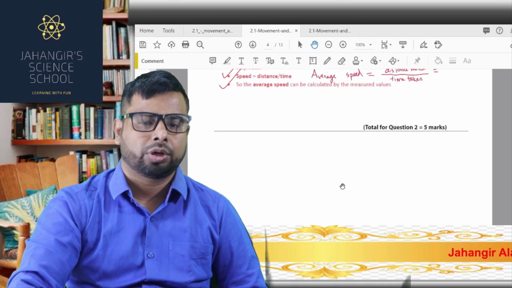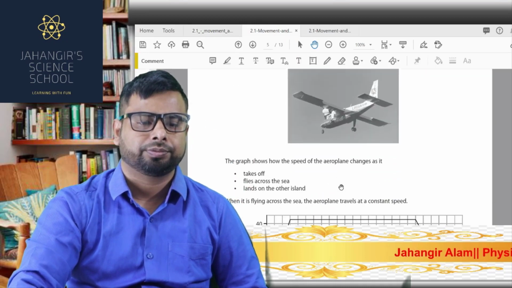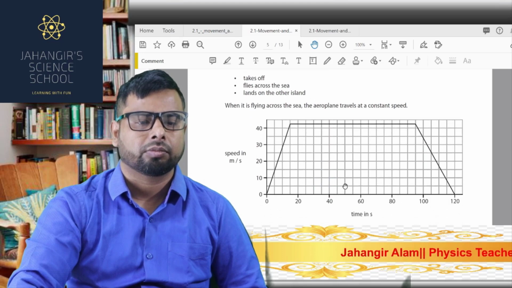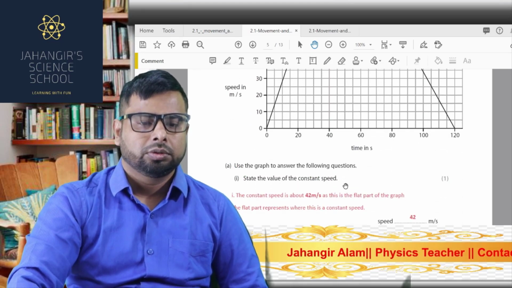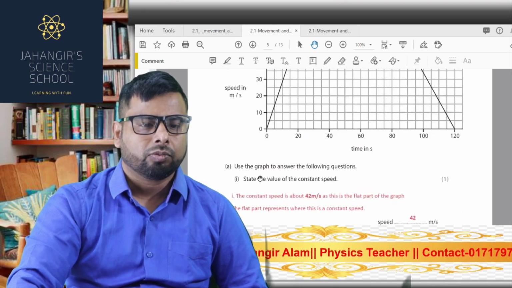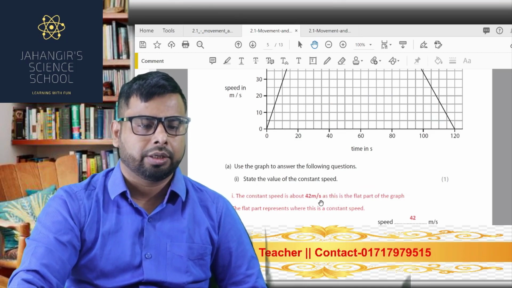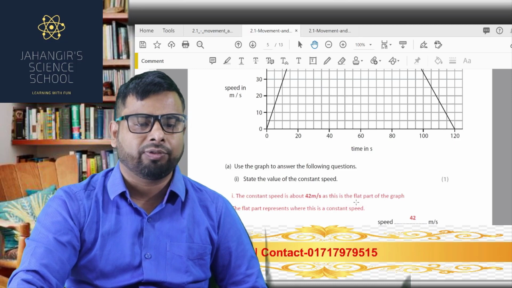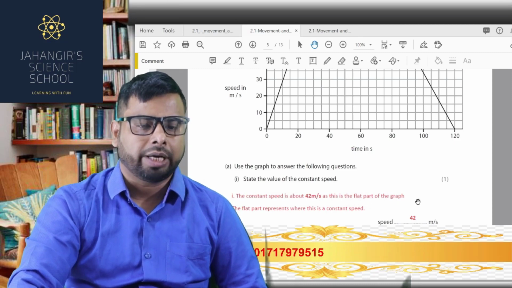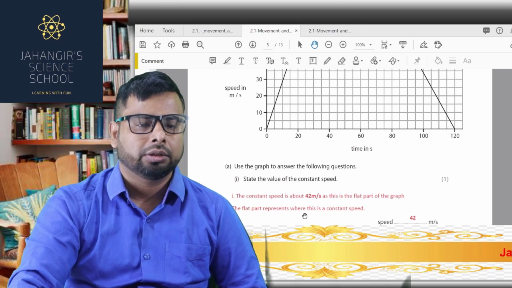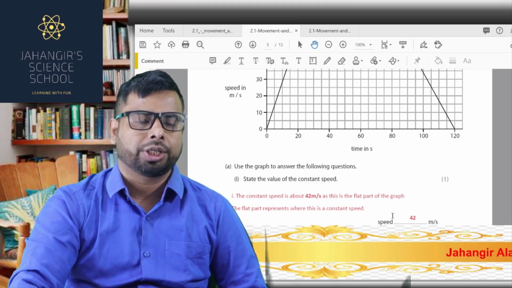So, model answer. The constant speed is about 42 meter per second, as this is the flat part of the graph. The flat part represents a constant speed.